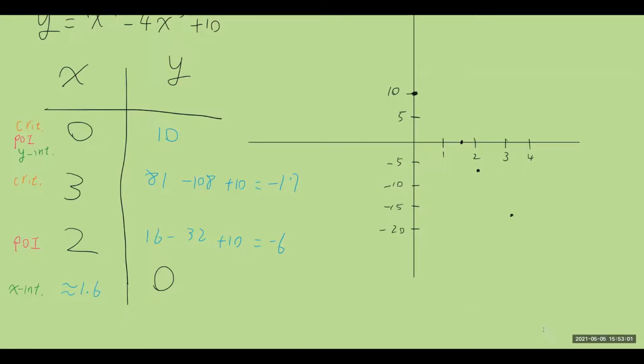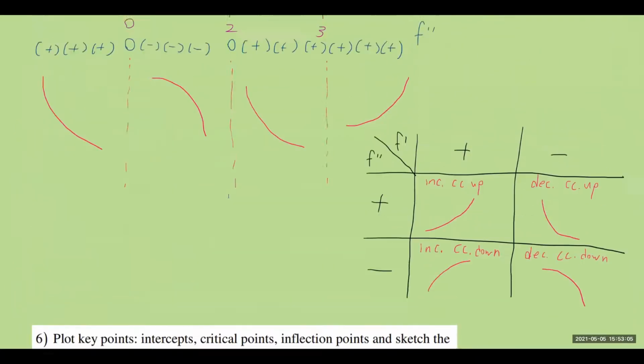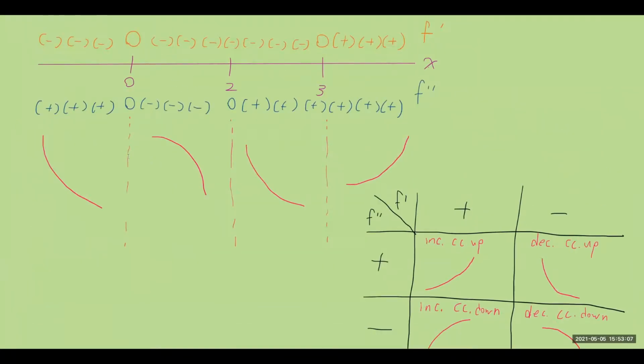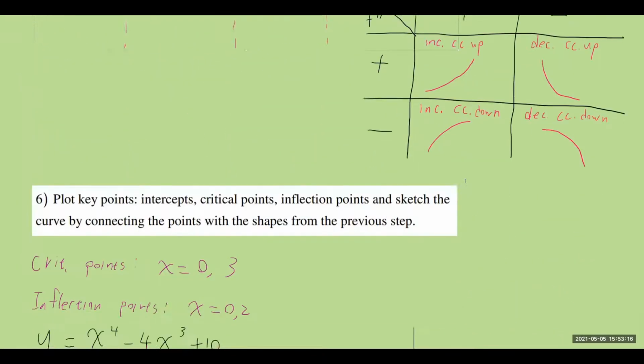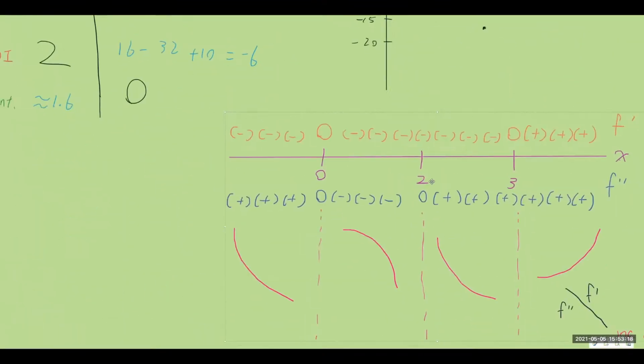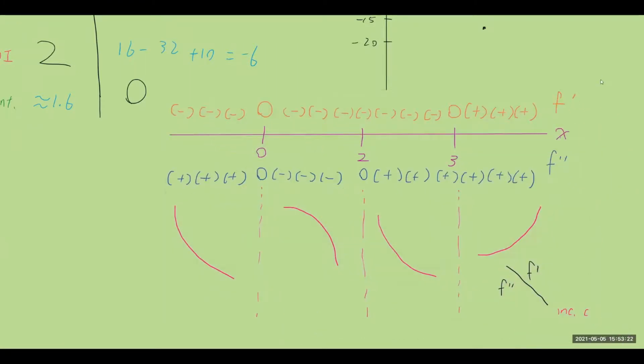Next, we are going to connect these 4 points using these 4 shapes. Let me copy it down here so we can see a little better. We have to follow these shapes when we're graphing.